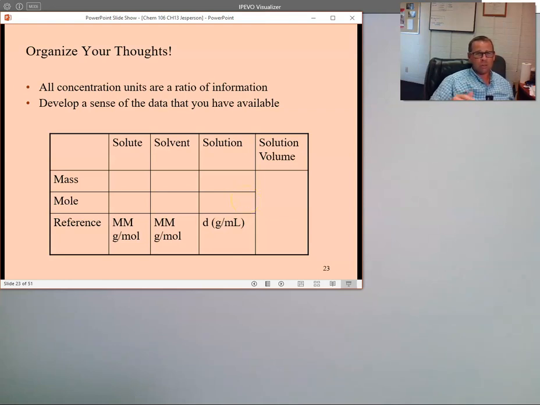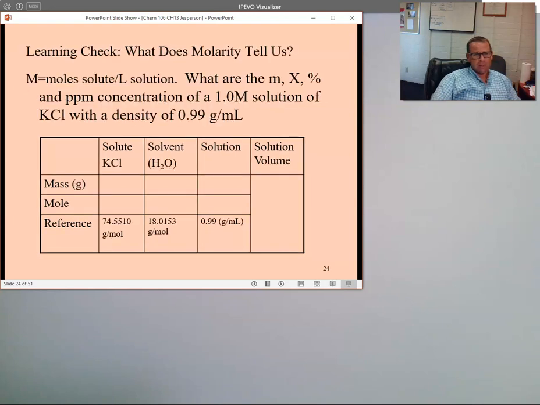It might look daunting, and you might say, oh, I'm not going to remember how to set up that table, let alone fill it up. But you'll see what this is, and you won't need every single number to answer every single question. What this does is it allows us to organize our thoughts, especially in introducing molality and these other factors. Okay, so what does molarity tell us?